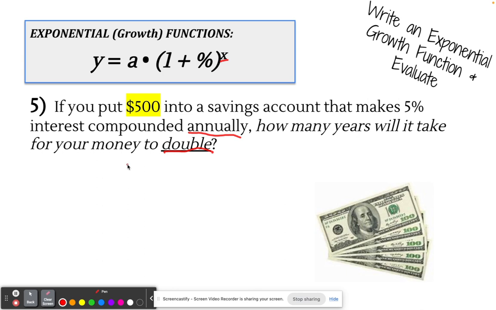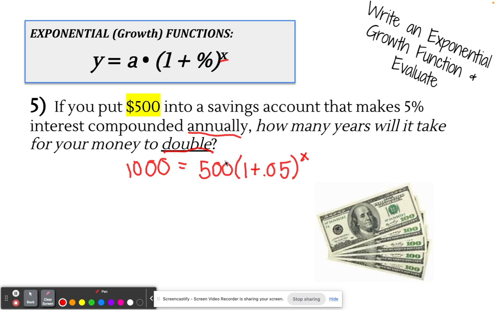Well, if I double 500, that's 1,000. So we want to know how long it will take for that $500 to grow to be 1,000. So my starting point is 500. I know my interest rate is 5%, so 1 plus 0.05, but I'm trying to find this x. Well, when you get into higher level math classes, you're going to have a method for solving that.